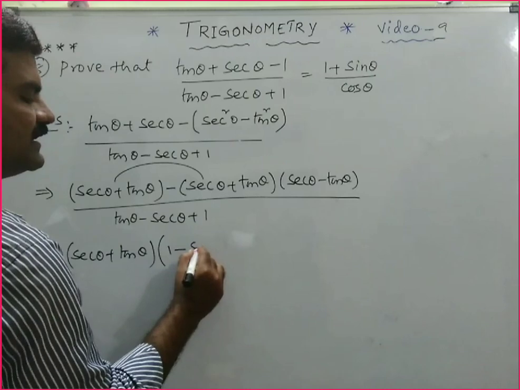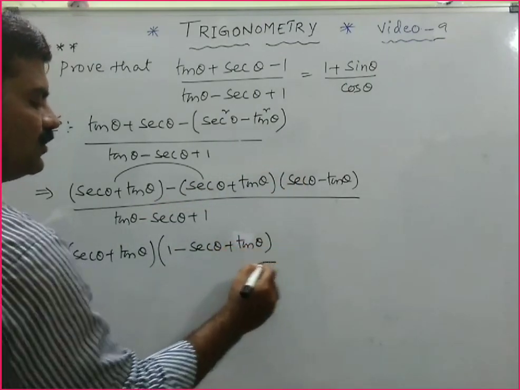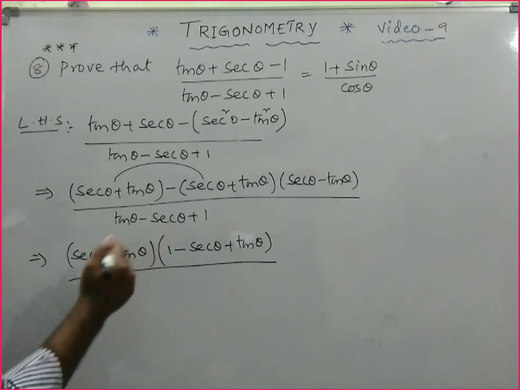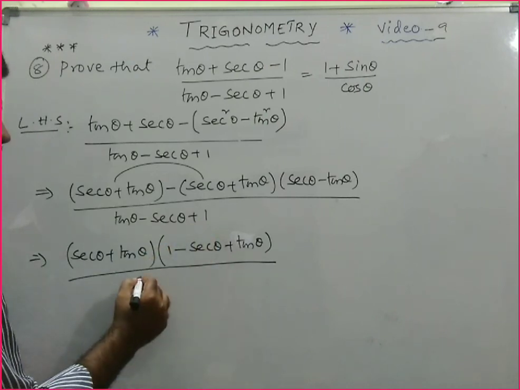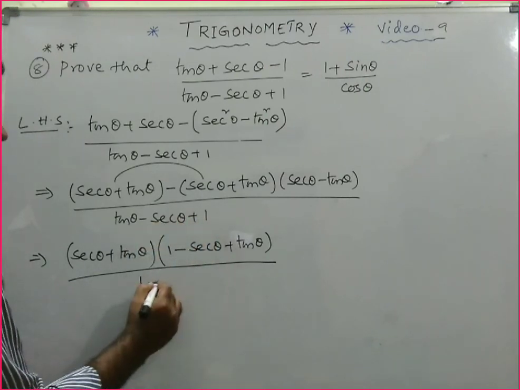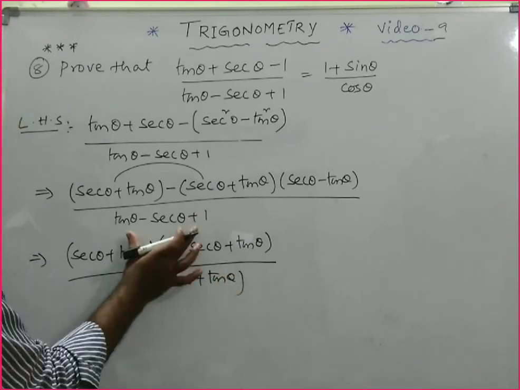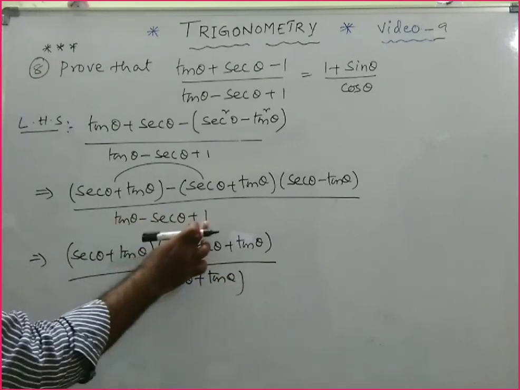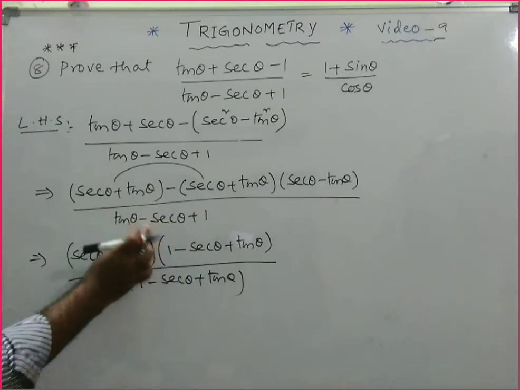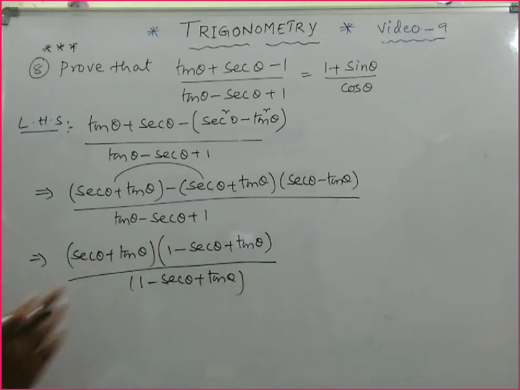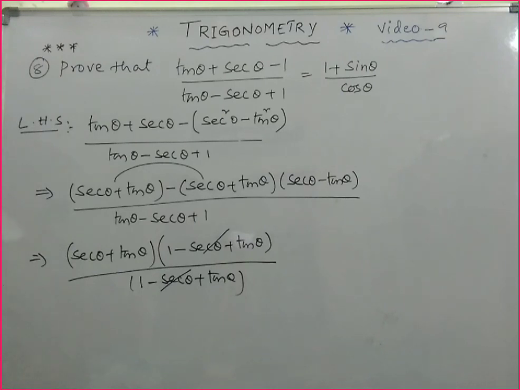I mean minus secant theta and minus into minus plus tan theta whole divided by, see this is also, I just want to rearrange first 1 followed by minus secant theta and followed by plus tan theta. Nothing I did, just order changed. First I considered constant and then I want to write next term secant, which is minus, and then plus tan theta as usual. So now this term and this term getting cancelled.